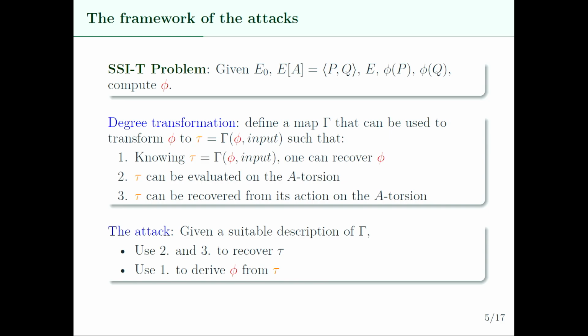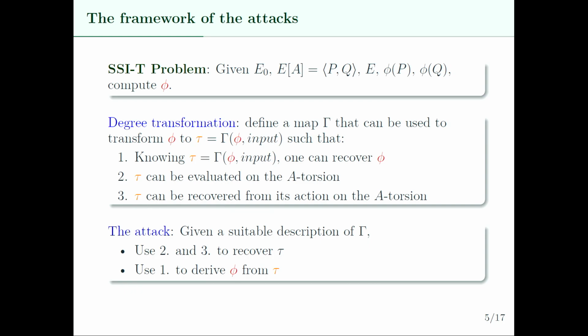The general idea is that you have a secret isogeny that you don't know, but you try to find a transformation that you can apply to this secret isogeny to get something that you can evaluate on some points. And this something that you get, which we call tau here, is such that you can evaluate it on some torsion points that we call the A-torsion, and such that evaluating it on these torsion points helps you to recover tau.